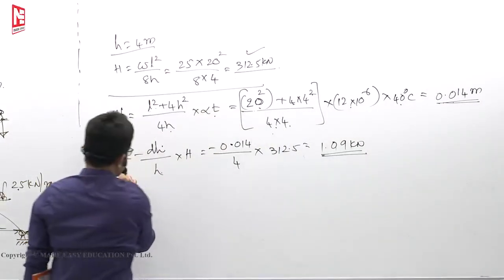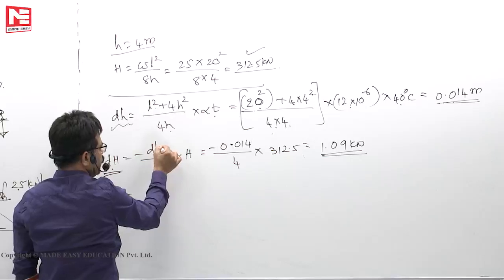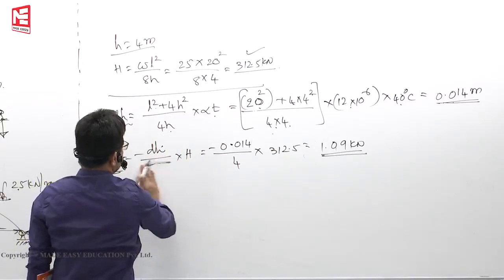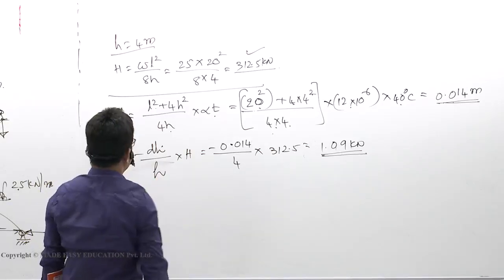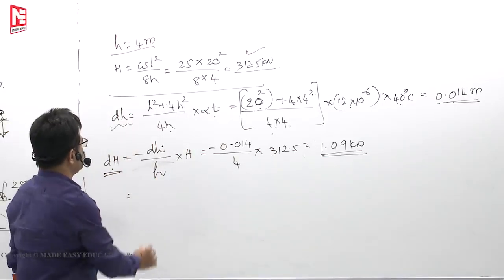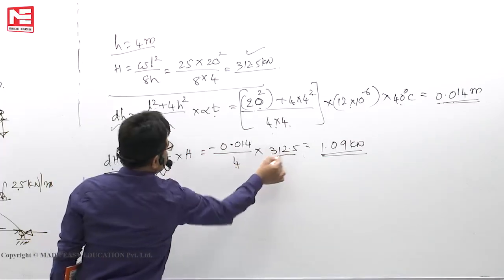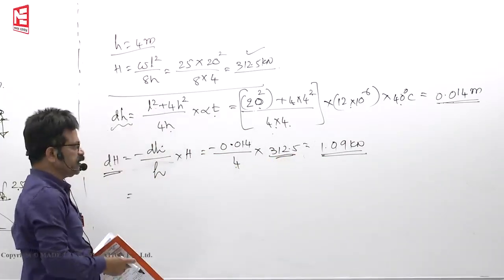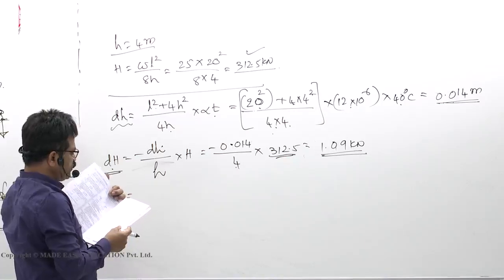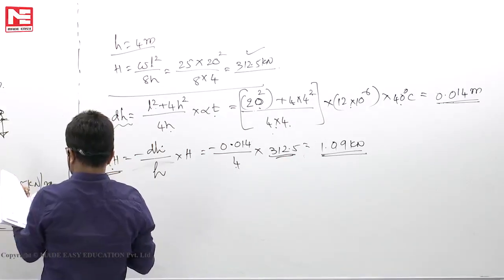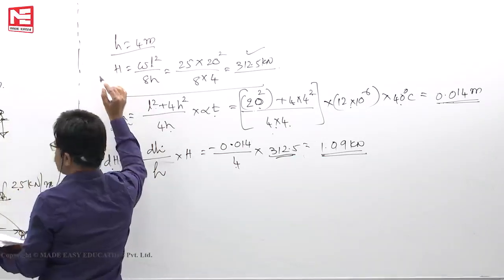So change in horizontal thrust is minus dH by h, small h only, into capital H. So dH by h is with h as 4 meters, capital H is this, 1.09 kilonewton you will get. It has given 1.0875, you can round it off to 1.09. So 19th, A is the answer.